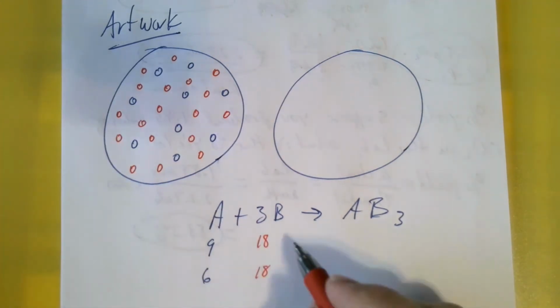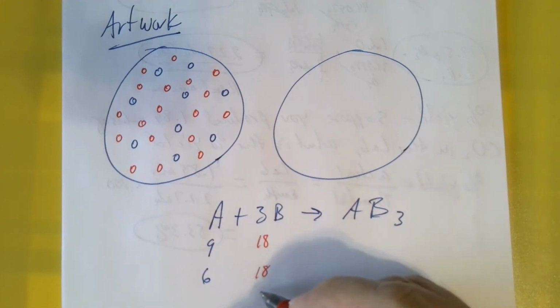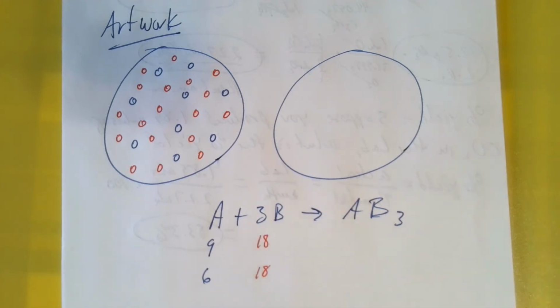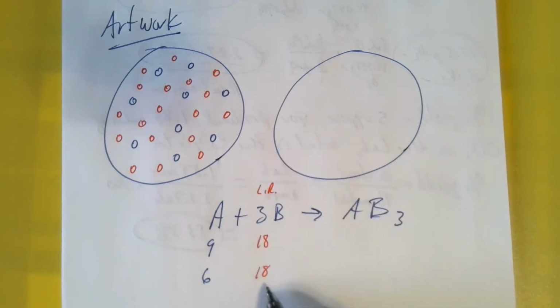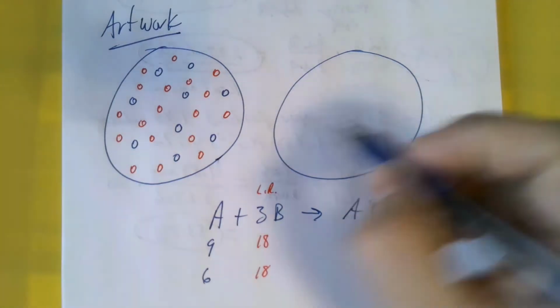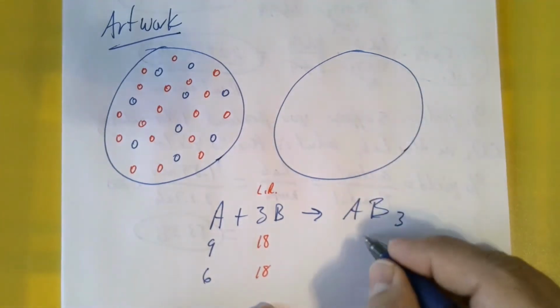So my B becomes my what? Limiting reactant? Yeah, B has to become my limiting reactant because it's going to get totally consumed. So what am I going to draw over here? Well, I know I'm going to have 6 AB3s.